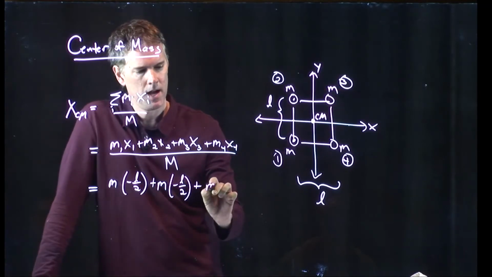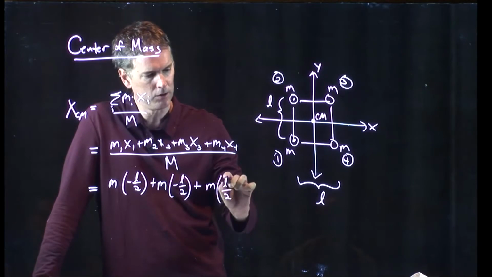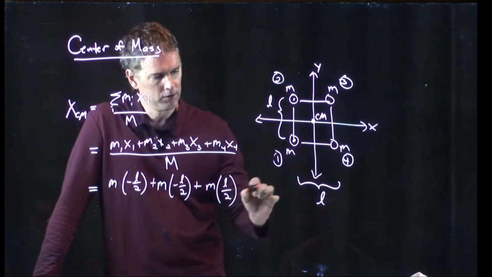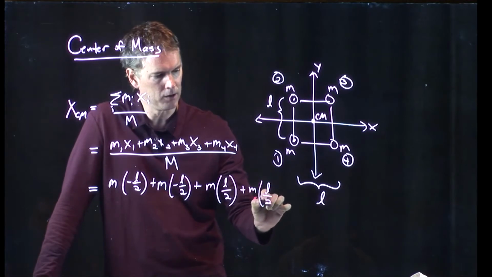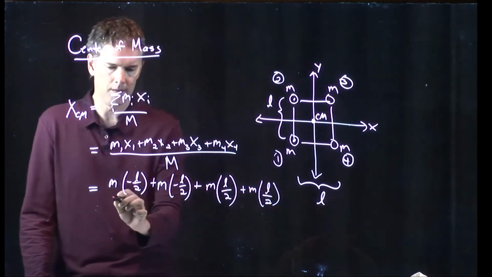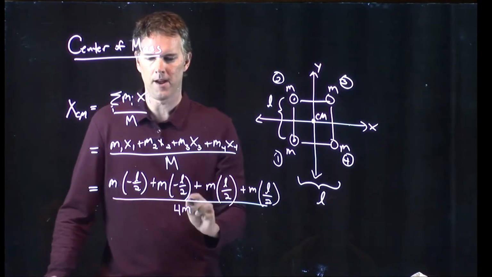M3 has an x position of positive L over 2. X4 is also positive L over 2. And we're going to divide this thing by the total mass of the system, which is just 4m.